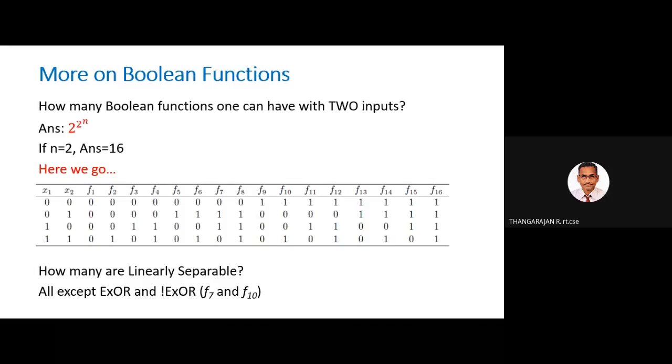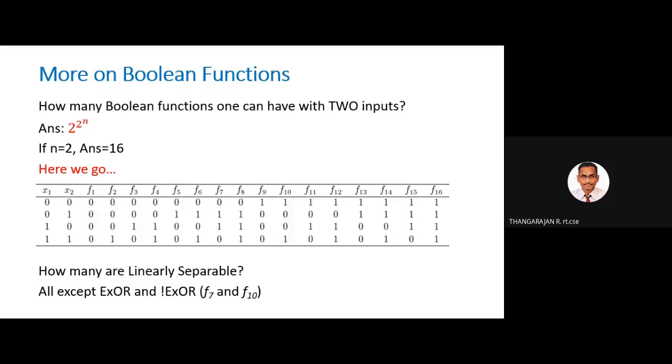So you see an AND function here and a NAND function here. Similarly, what is F8? F8 is OR. What is F9? NOR. What is F7? F7 is XOR. What is F10? F10 is not XOR. XOR, not XOR.